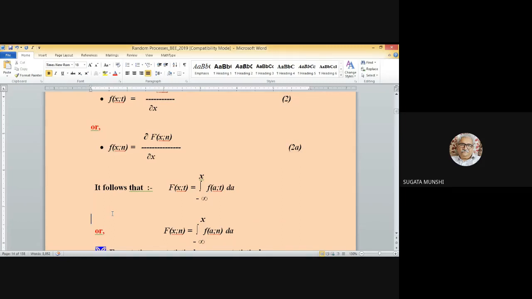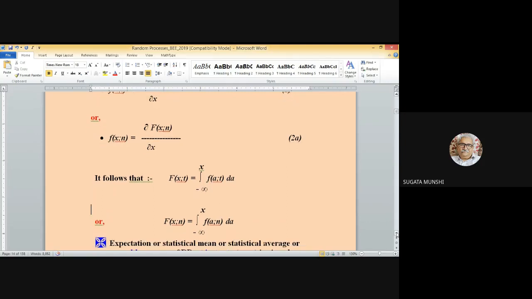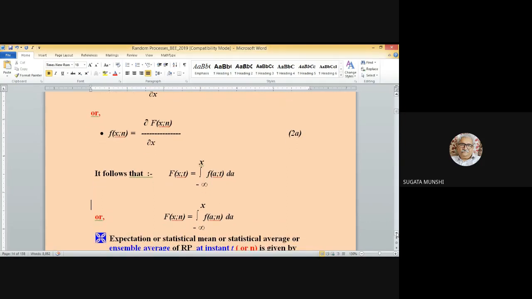Because we are assuming that the amplitude of the random process can take on a continuum of values. So in both these cases, we have integration.